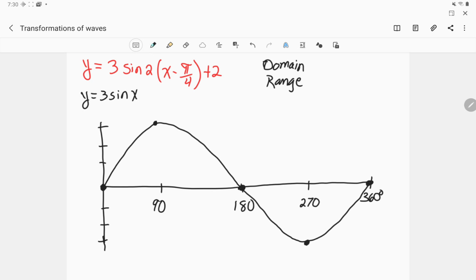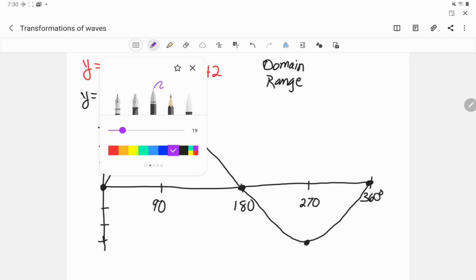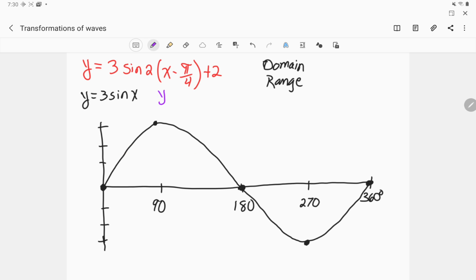Okay. Now I'm going to graph, I like the purple, y is equal to 3 sine 2x. The 2 means I'm going to divide my x values by 2. So 0 divided by 2 is still 0, but 90 divided by 2 is 45.